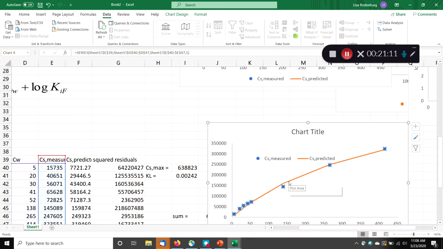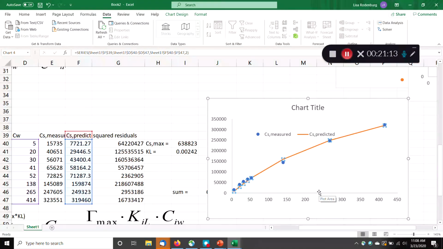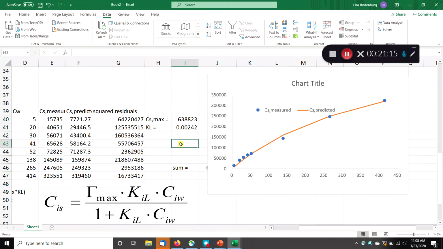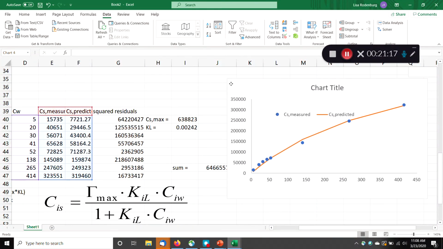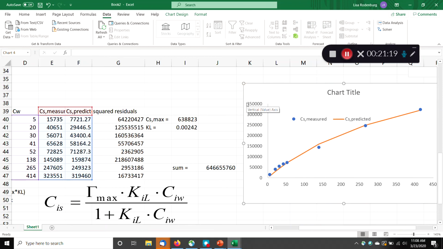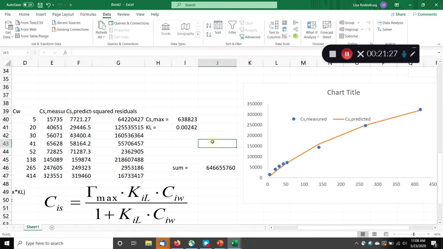There's our measured, there's our predicted. So you get a much better curve fit by using a nonlinear curve fitting routine, and the solver feature of Excel will let you do that. You can also do a slightly better job even with the Freundlich by using the nonlinear curve fit, but it's not much better, so it's probably not worth going crazy over.